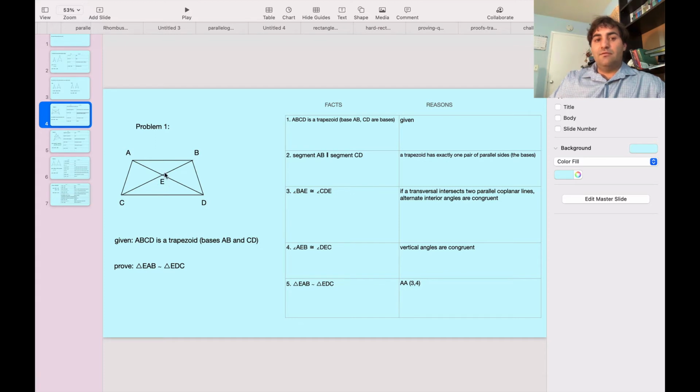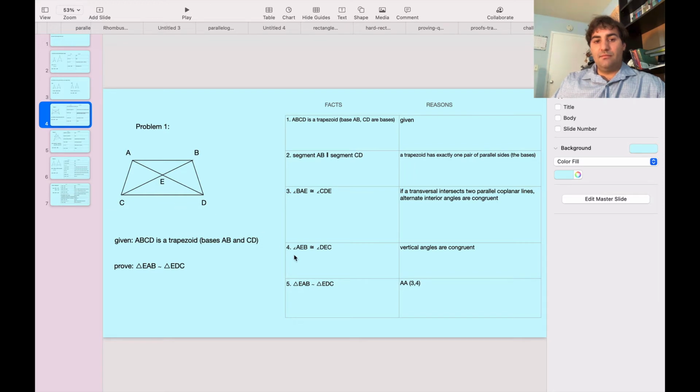Why? Because these are vertical angles. It looks like these two V shapes, they're upside down and they meet at this common point. And we know vertical angles are congruent, so angle AEB is congruent to angle DEC. And by the angle-angle postulate, we know that triangle EAB is similar to triangle EDC.